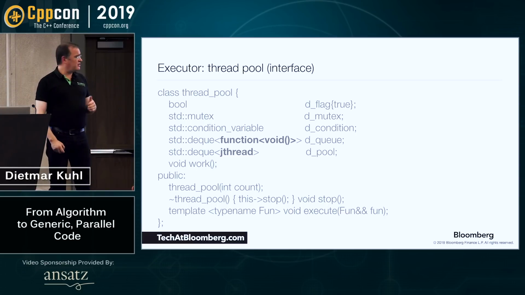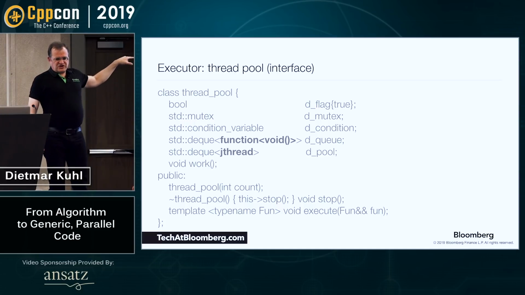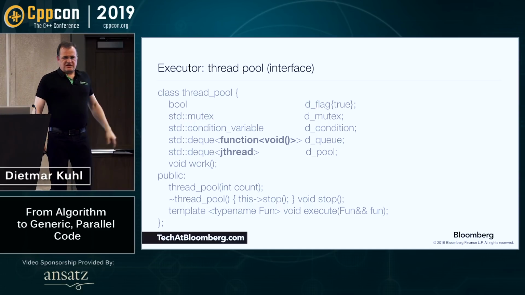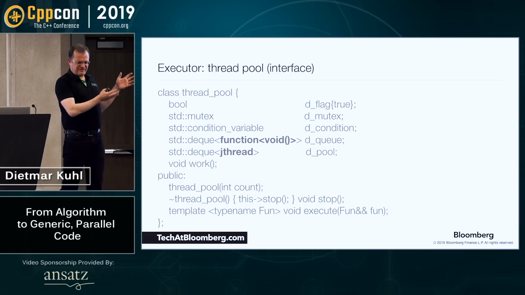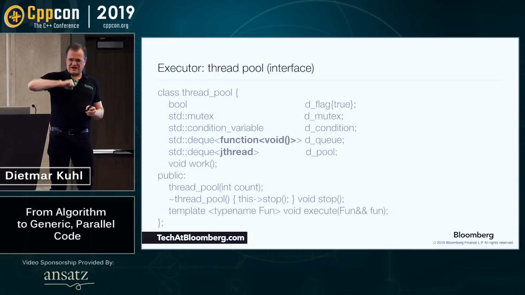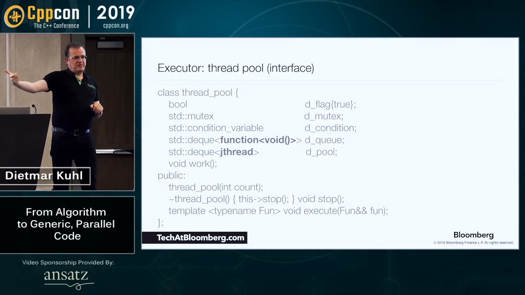And the other interesting bit is, over here it says function. This function I'm using is not std::function. The reason is that the work item I have is not really copyable. I could make it copyable, but then I would need to have reference counting around it. It's only movable.